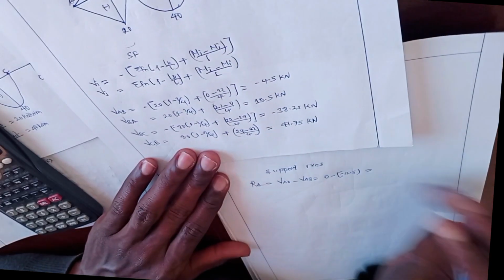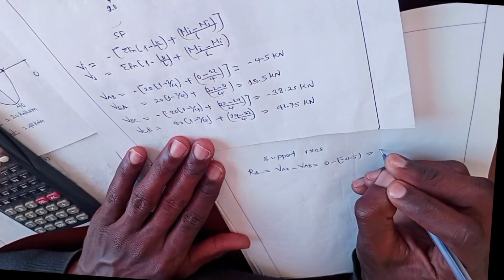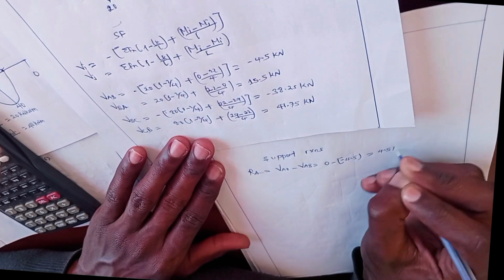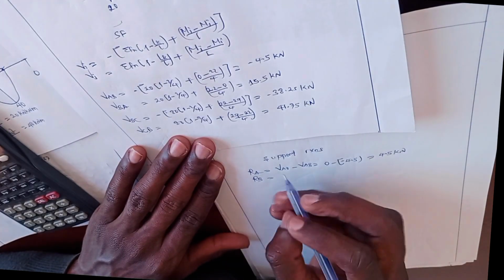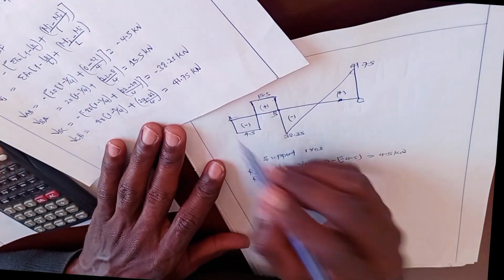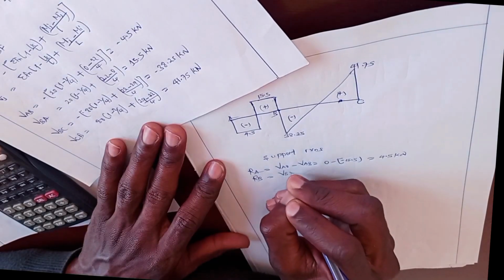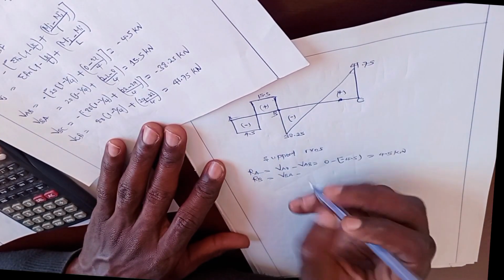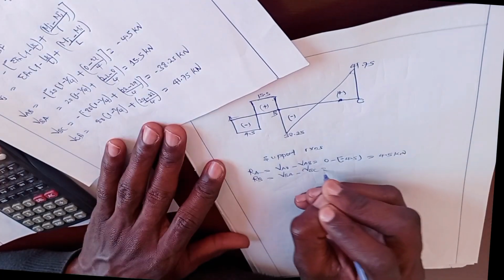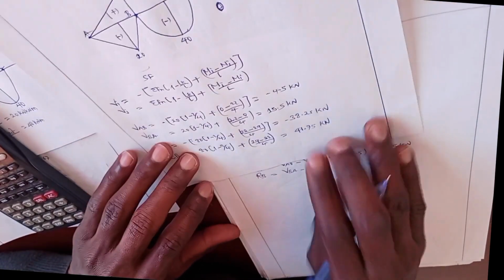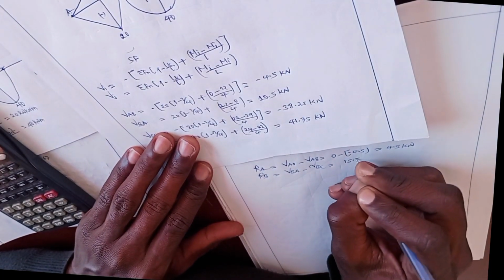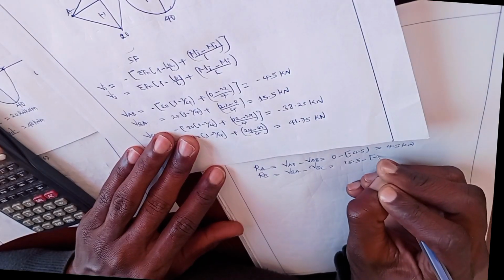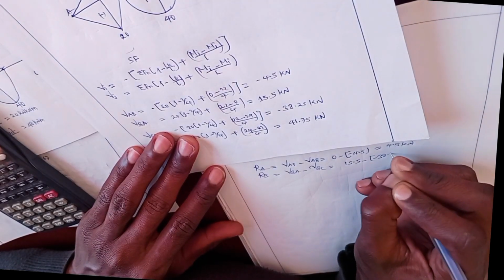It will be equal to positive 4.5 kilonewton. To obtain RB, it will be equal to VBA minus VBC. VBA is this one, 15.5 minus negative 38.25.